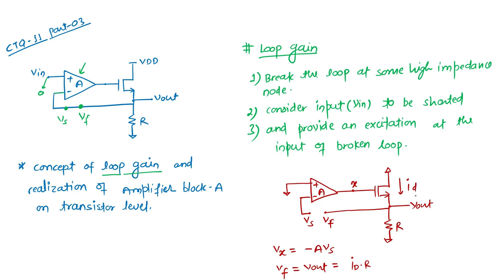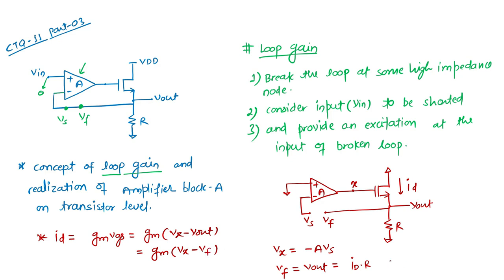We can see from here, because we are in the open loop configuration, the ID can be written as gm VGS for the transistor, which is nothing but gm times, VG is your gate voltage, and S is your output voltage, which is Vf.